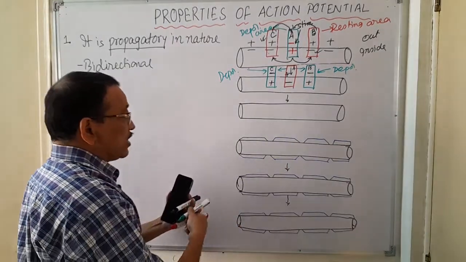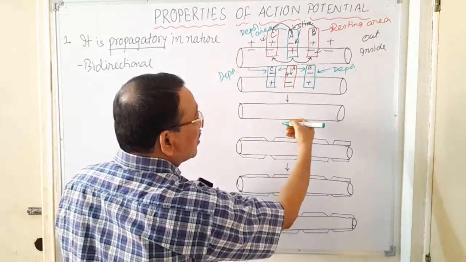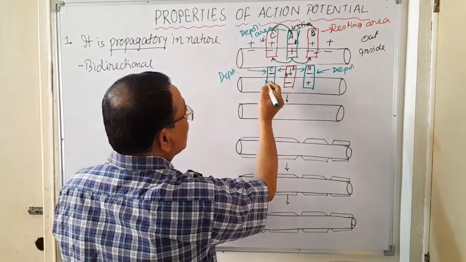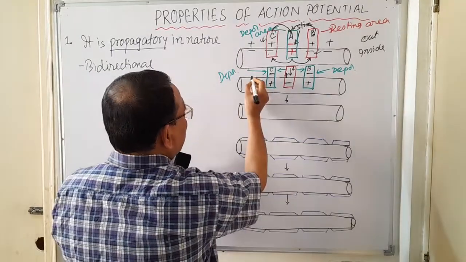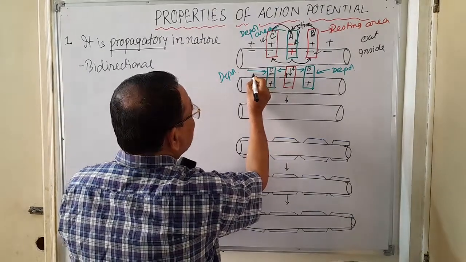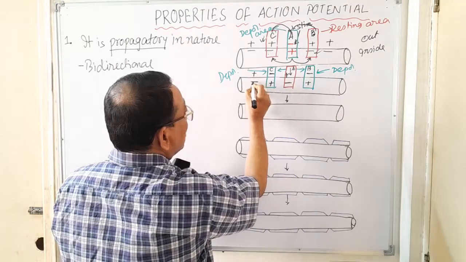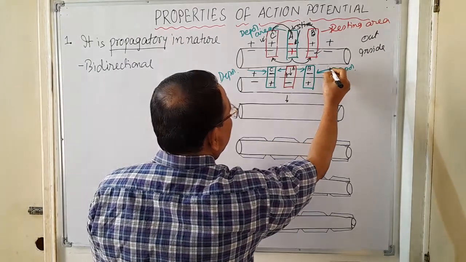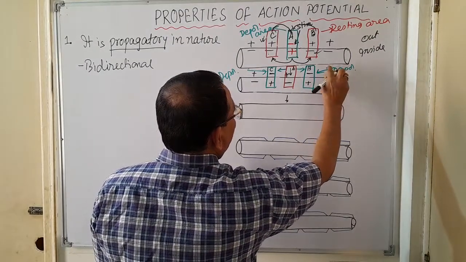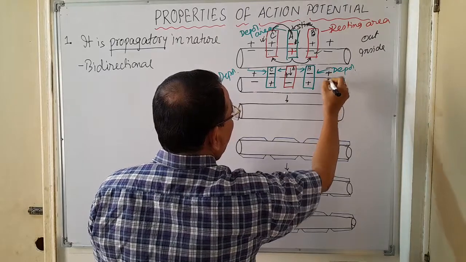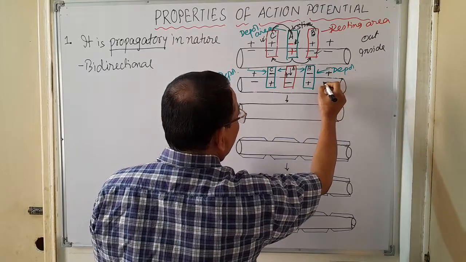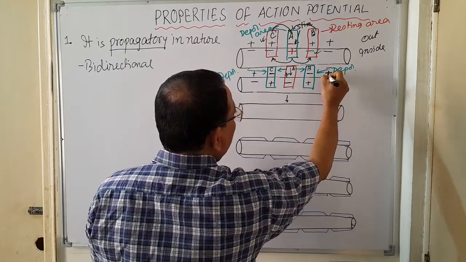Now the same thing will be repeated here. Suppose adjacent to C and adjacent to B there are resting conditions: inside will be electronegative and outside will be electropositive.